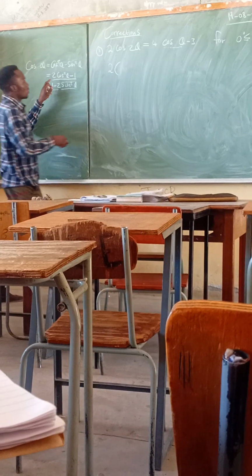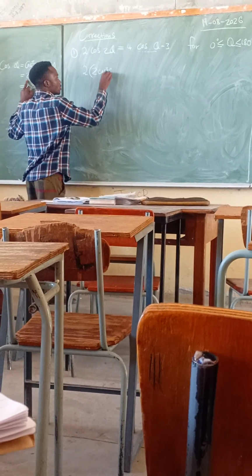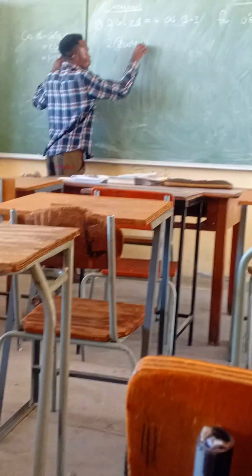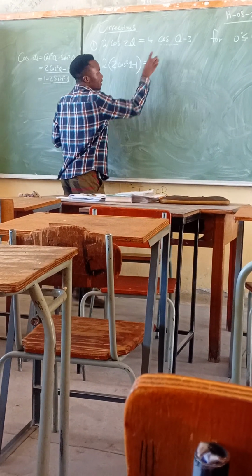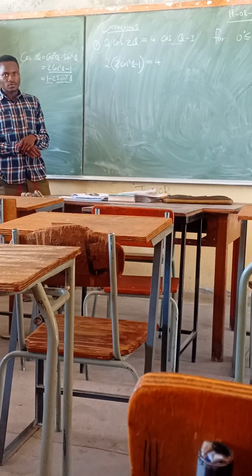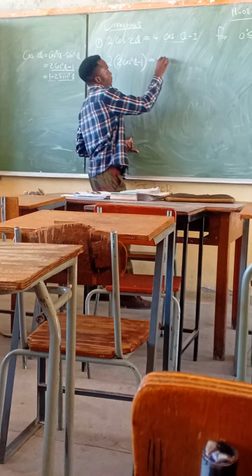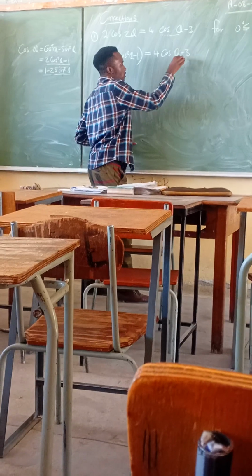So I have to take now this 2 cos squared theta minus 1, and then you close the bracket, and then you say is equal to 4. Here, do we need to change the cos theta? No. We leave it like that as cos theta minus 3.